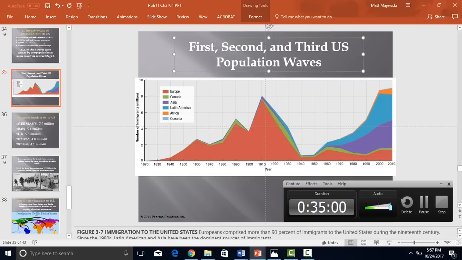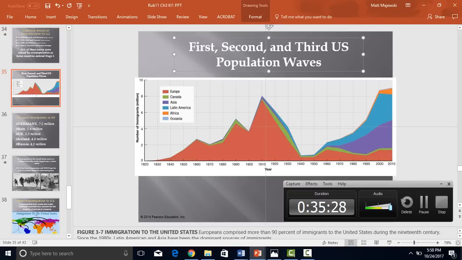Then beginning in the 1960s, we start to see massive increases in immigration. That's because in 1965 we passed the Immigration Act of 65, which eliminated the quota system. It allowed immigrants to come from any region regardless of who they were. And almost immediately we had a massive rise in immigration to our highest levels ever.